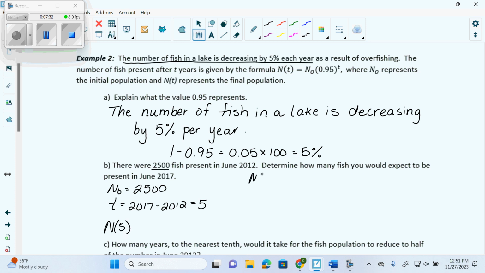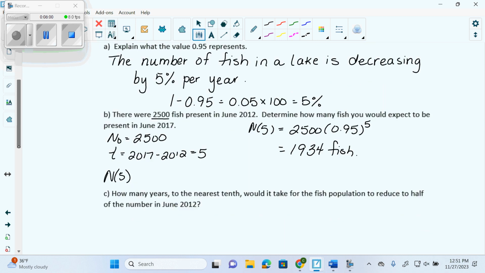So we do N of 5 equals 2,500 times 0.95 to the 5, which is 1,934 fish. And you have to write a sentence. So you would say, in June 2017, one would expect that there would be 1,934 fish present.